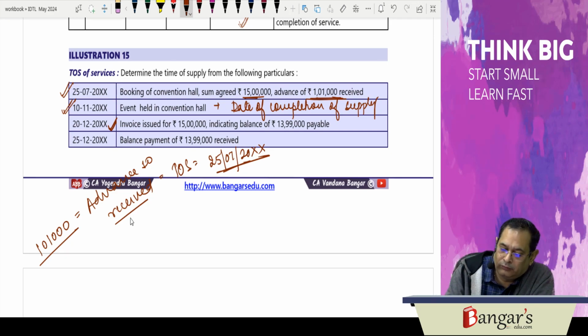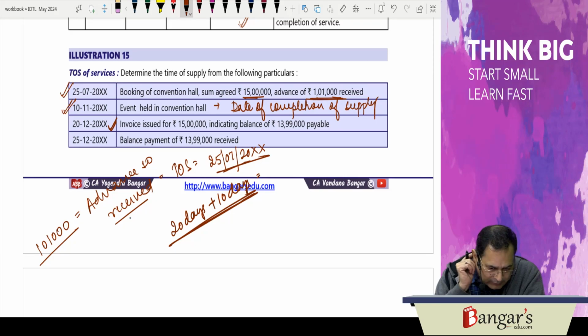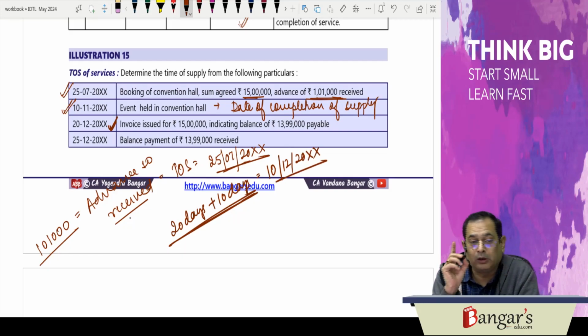So how many days? For November it is 30 minus 10, 20 days for November, and 10 days for December. So the invoice must be issued within 30 days of the completion of supply, that is up to 10th of December. But here the invoice has not been issued by 10th of December, it has been issued on 20th of December.